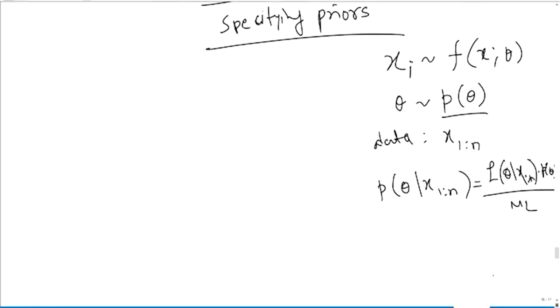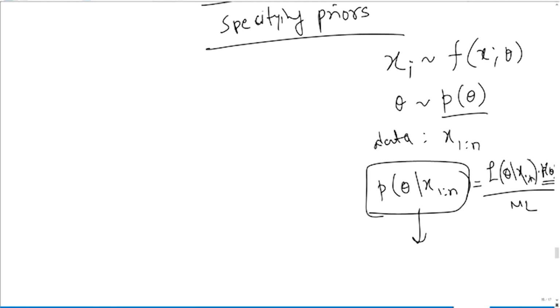So here the role of prior distribution becomes very important. What is your prior assumption, your prior belief, about the true values of theta before seeing any data? After seeing the data, this will update and become this posterior. This is your inference about the true values of theta that might have generated your data.